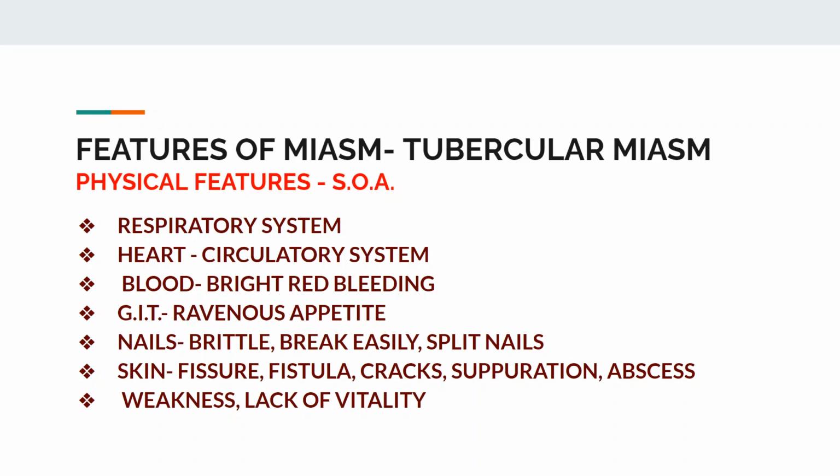Skin, you will find fissures, fistula, cracks, suppuration and abscesses. There is weakness, lack of vitality. The patient always complains of weakness, a very important feature in tubercular miasm. Fatigued easily. Chest symptoms, the patient is tall, lean, thin, with history of tuberculosis. They all represent tubercular miasm.